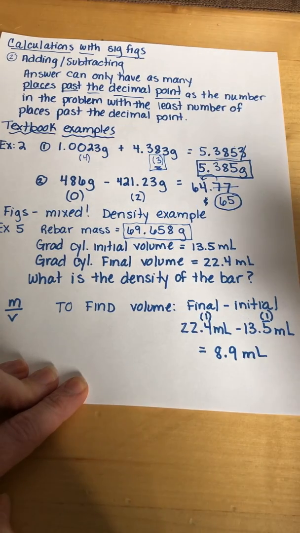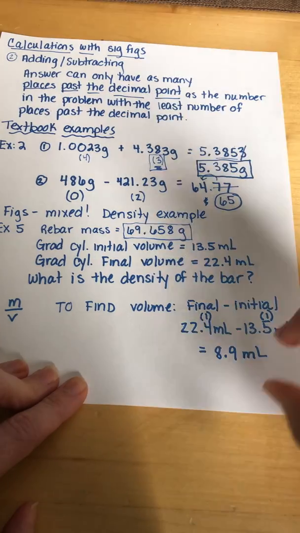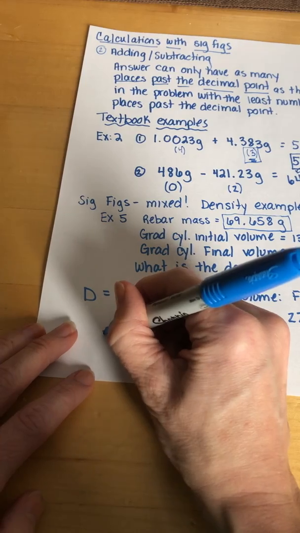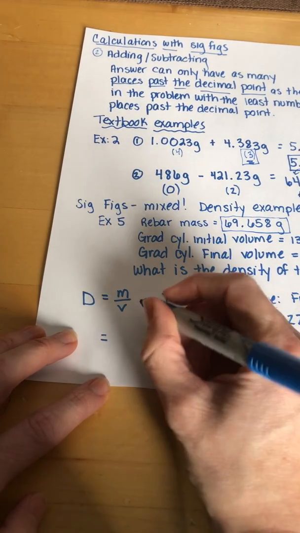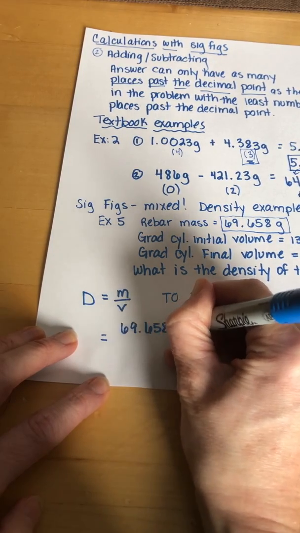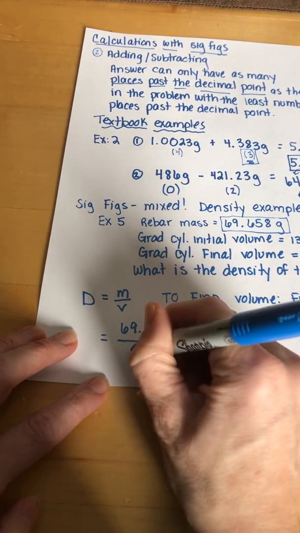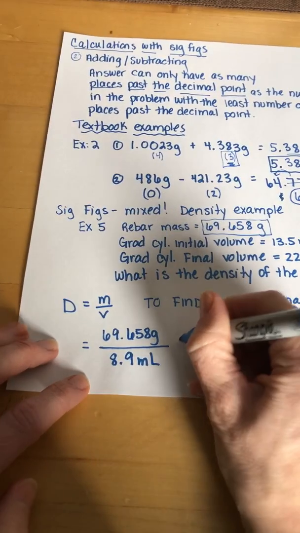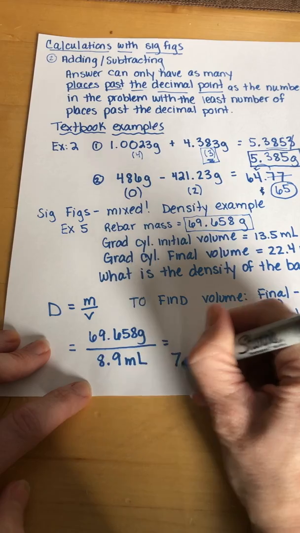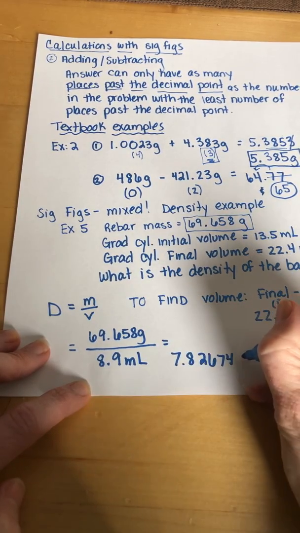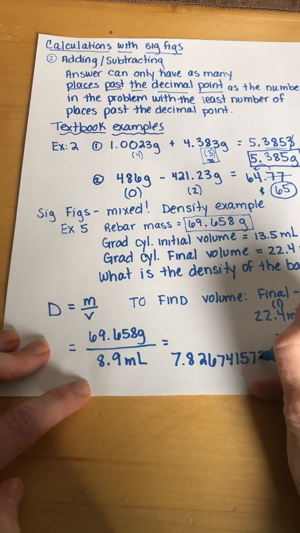So since the first part of this density problem we had to subtract, I want to follow the subtraction rules to round that answer, and then that rounded answer gets plugged into the next part of the problem, solving density. So I'm going to go ahead and take the mass that I'm given in the problem, and I'm dividing it by the volume that was rounded using my subtraction significant figure rules. When I do that, I get a monstrously long number, which is why we really need to be thankful for these rules.